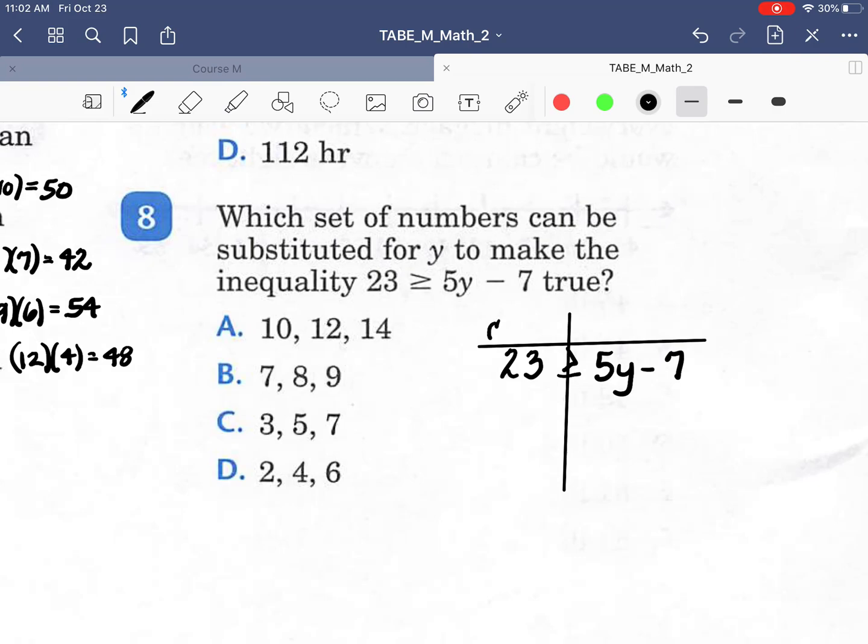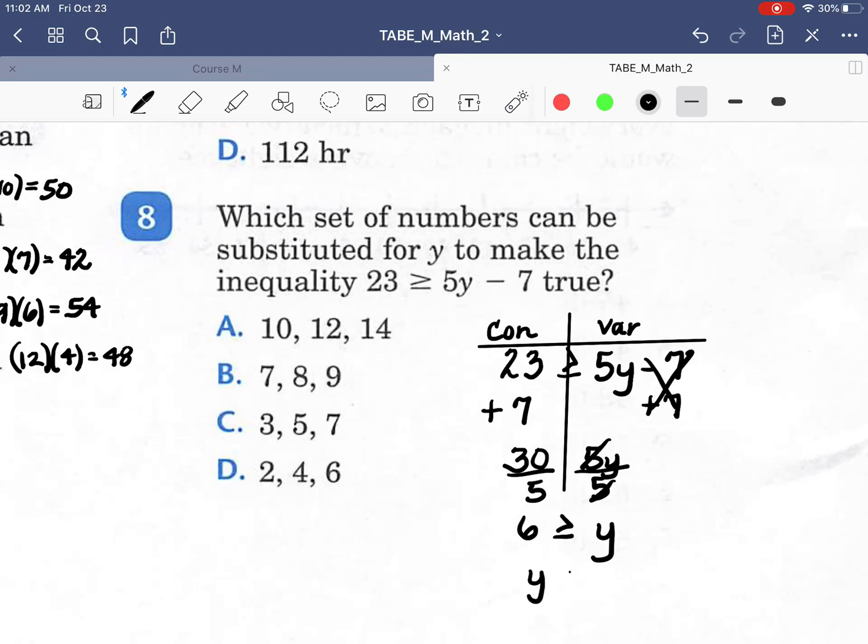So I'm going to set this as the constant side and this is the variable side. Add a 7 to both sides. So we have 30 and 5y. Divide by 5. So y is less than or equal to 6.